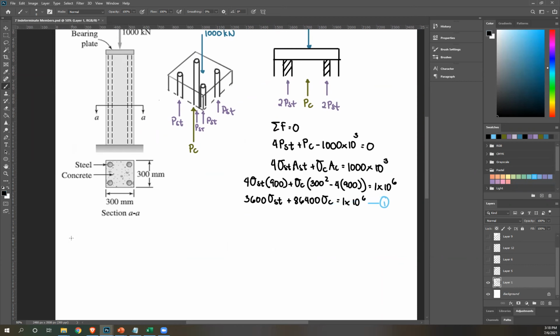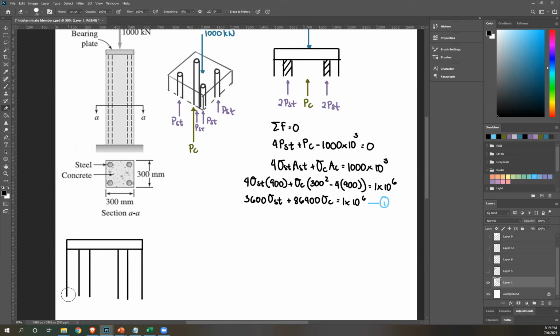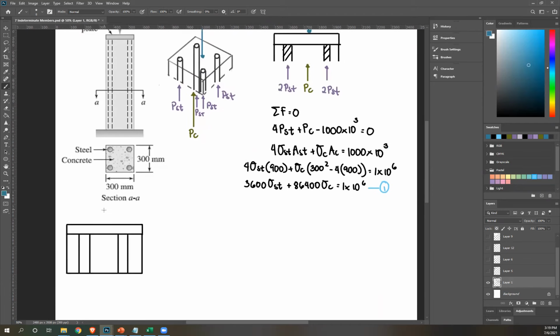So we have this, right? So let's say that's a portion of your body. And then because of this force, that body will contract, because the force is compressive.